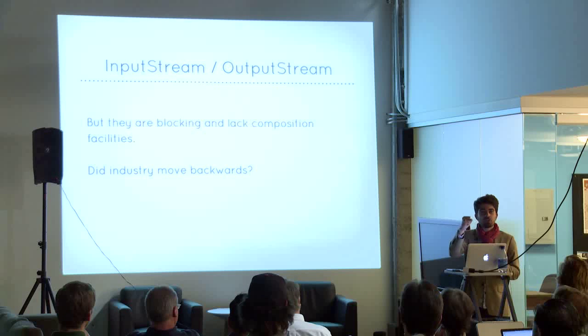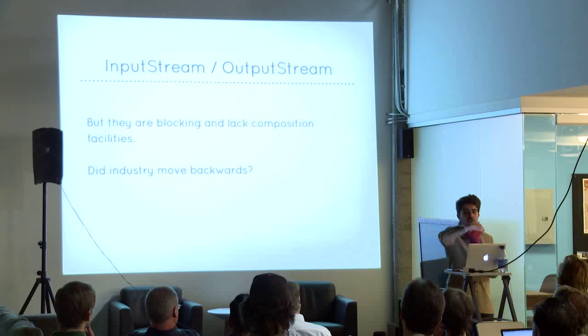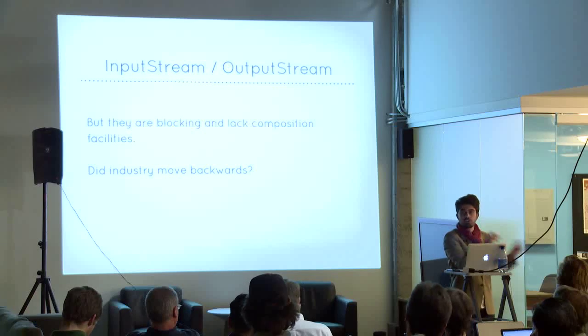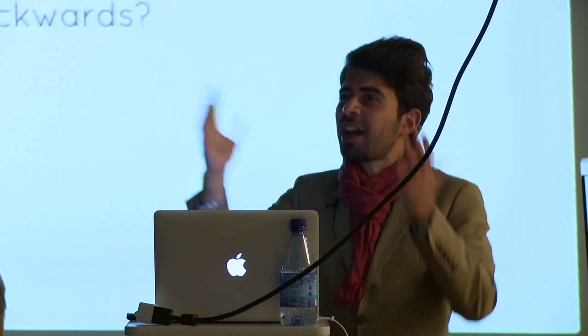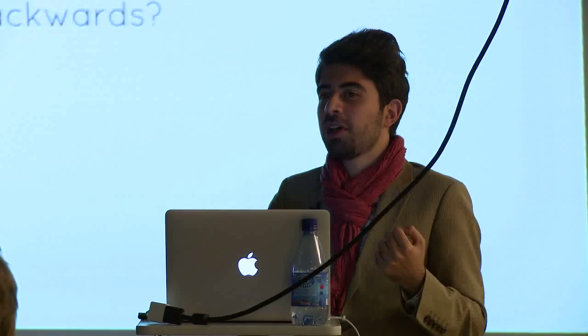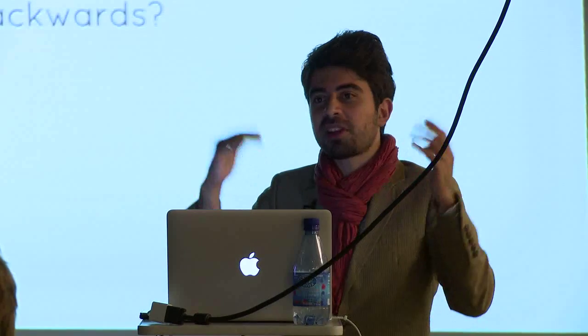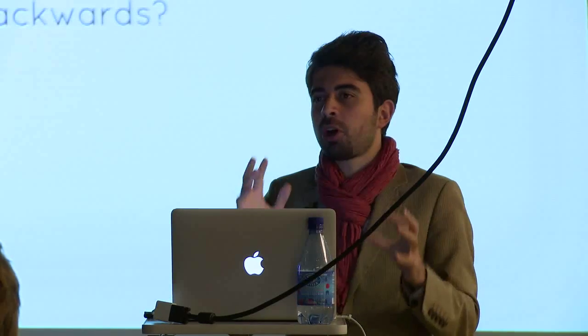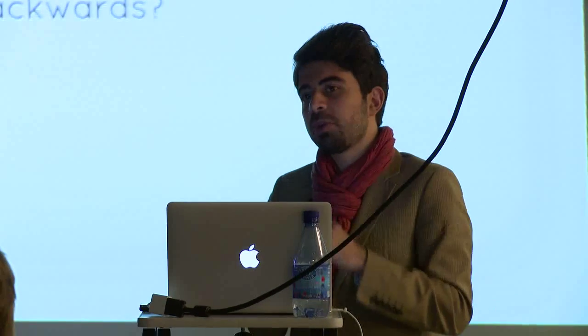I can take an input stream and reference it. I can talk about it as a stream of incoming data. Input is something coming from somewhere, and output is something I'm pushing into. So it's an okay kind of model. It's talking about streams at the right level. It has a particular problem of being blocking, and that's what we will be talking about.